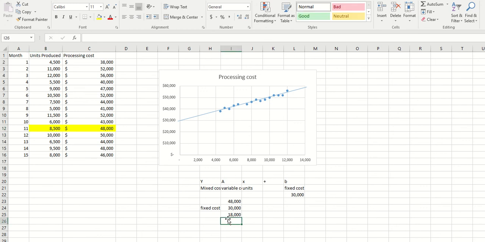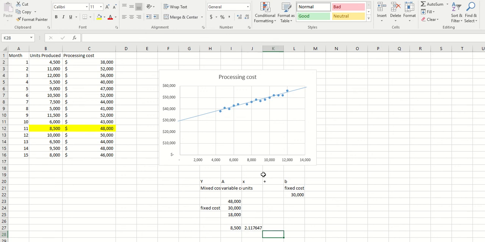So to get that quick and dirty method, I'm just going to estimate how much it is going to go up, the rise over the run, probably what you've heard in math before, and so it went over 8,500. And we're trying to get this slope. So it equals 18,000 divided by 8,500. My slope's going to be around 2.11.